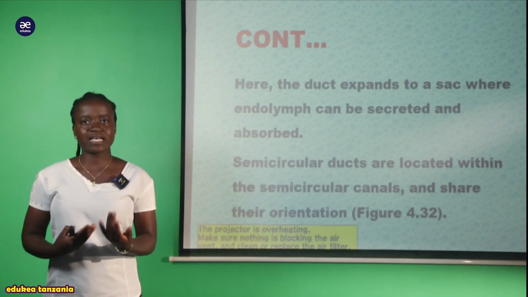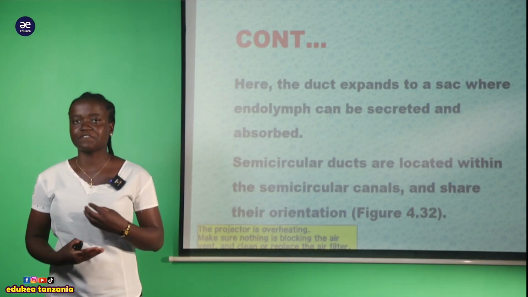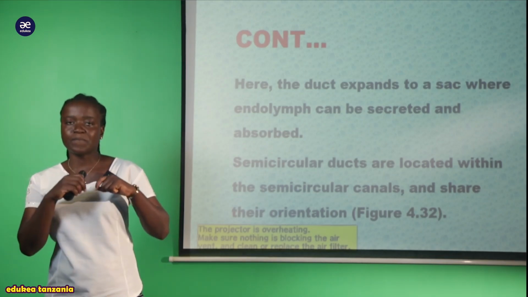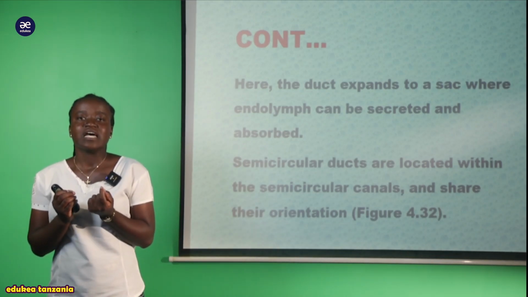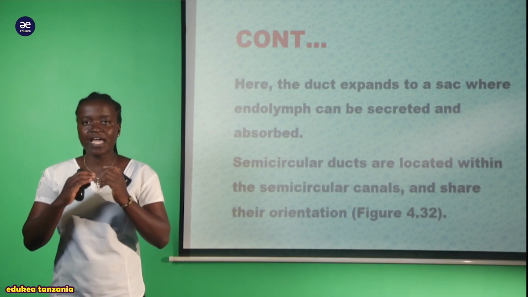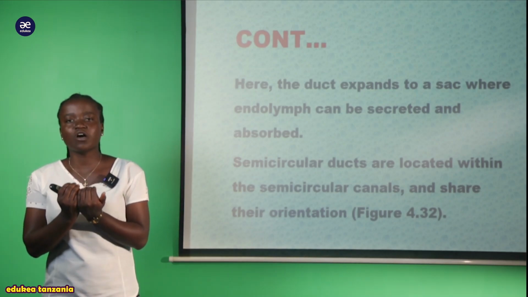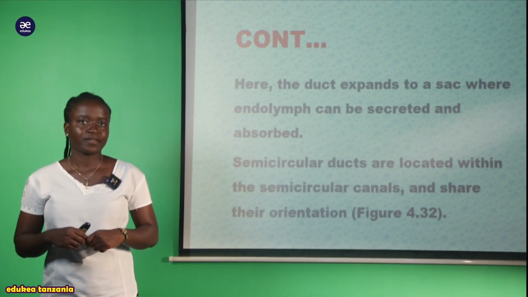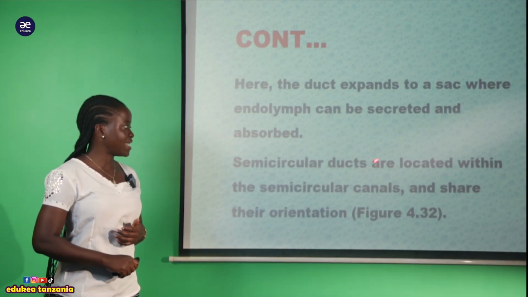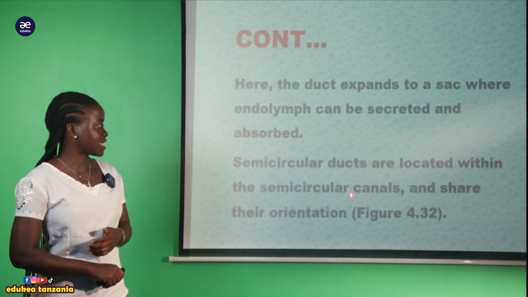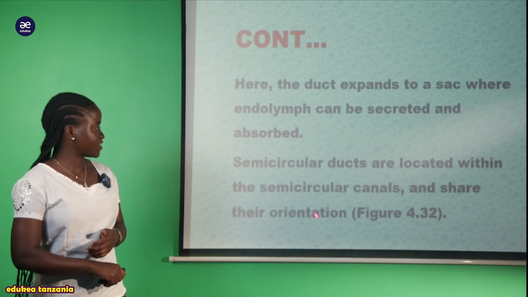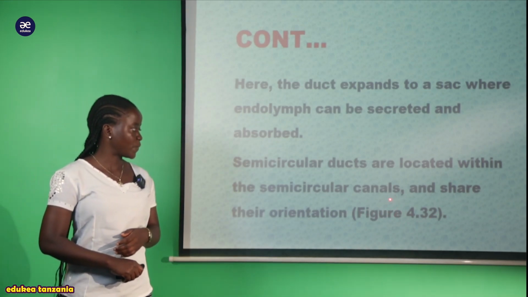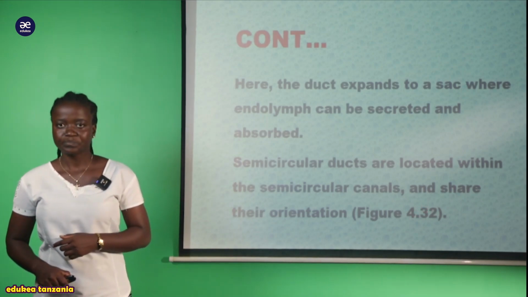And now you can ask yourself, where is that endolymph secreted and absorbed? Here we are talking about the inner part of the ear, meaning that the fluid or the endolymph in general is absorbed within the inner part of the ear. And also semicircular ducts are located within the semicircular canals and share their orientation. We're going to see this in figure 4.32.